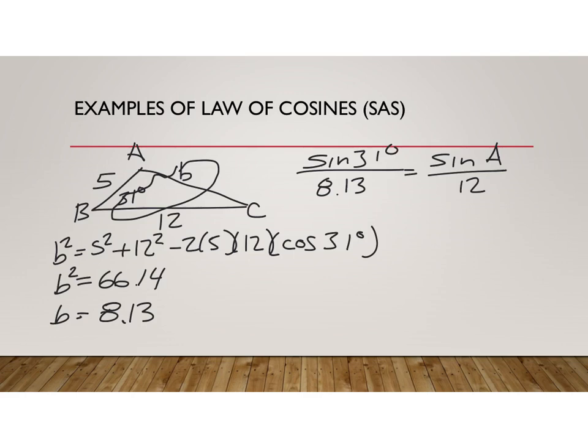Sine inverse of 0.76, and I would get angle A to be about 49.5 degrees. And then how would you get angle C? Well, I got the other two angles, so I just go 180 and subtract off the other two. And angle C would be about 99.5 degrees.